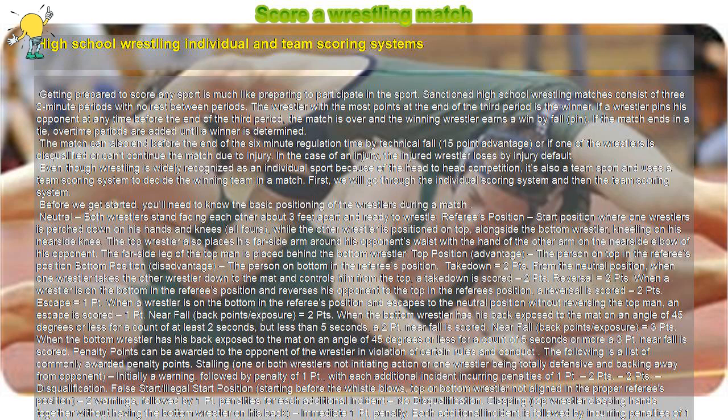Clasping: top wrestler clasping hands together without having the bottom wrestler on his back, immediate 1 PT penalty. Each additional incident is followed by incurring penalties of 1 PT, 2 points, 2 points, disqualification.